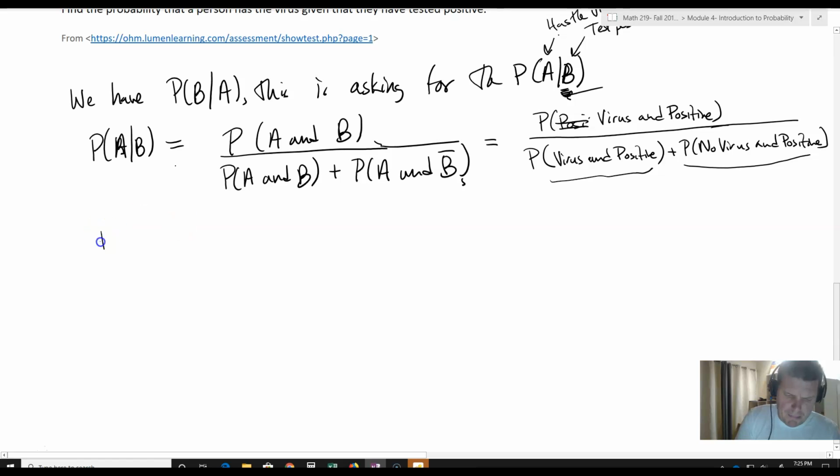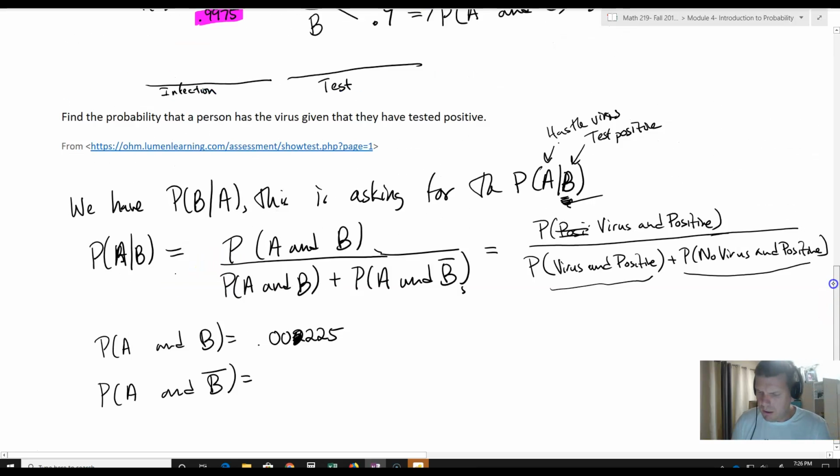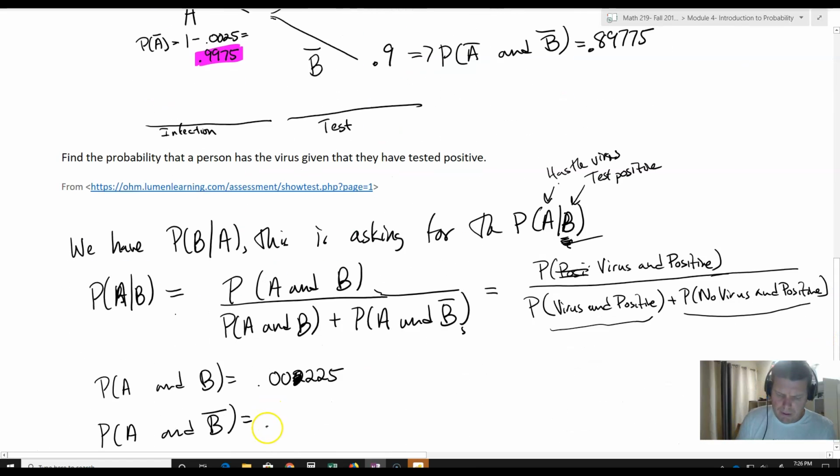So the probability of A and B equals 0.00225, and the probability of A and B complement equals 0.09975.